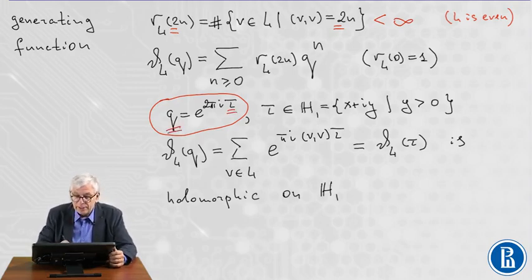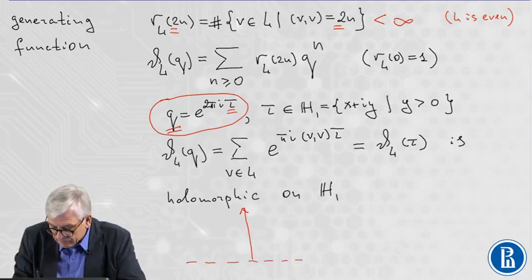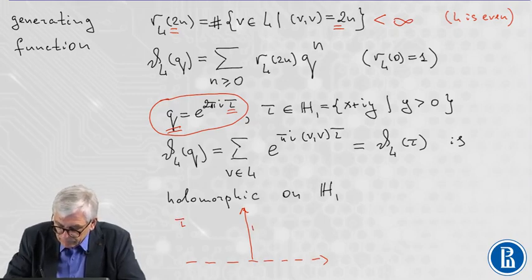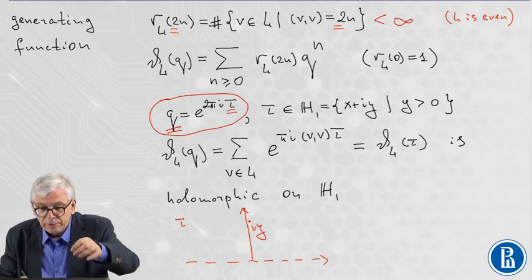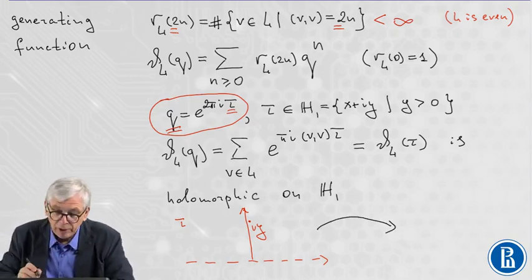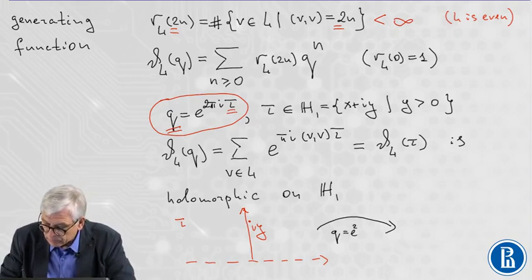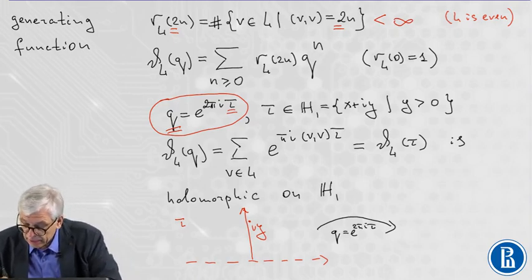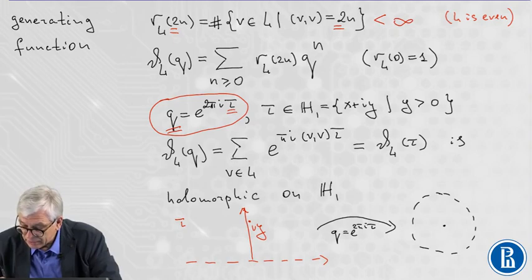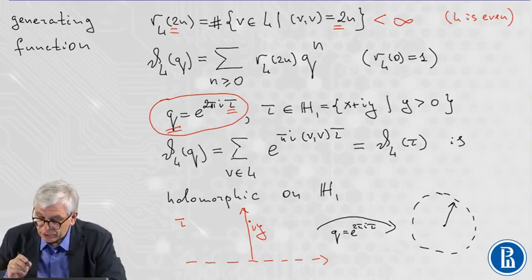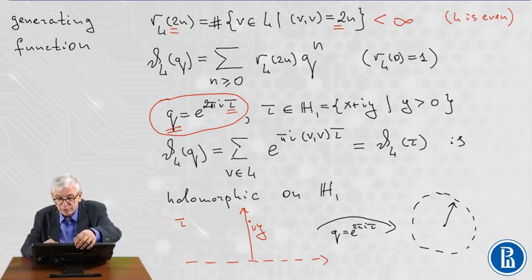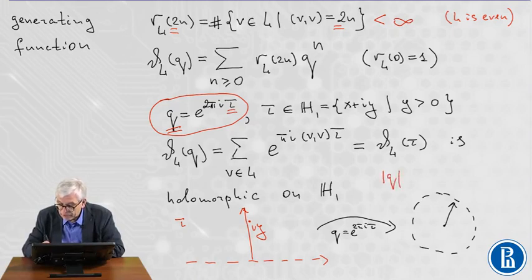So tau is an element of the upper half plane, and q is an element of the unit disk, because the absolute value of q is equal to e to the power minus 2 pi y, strictly less than 1.